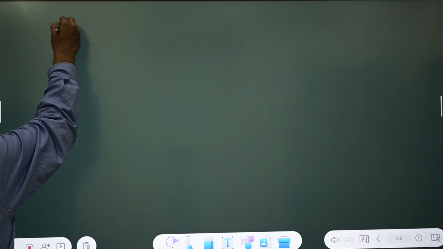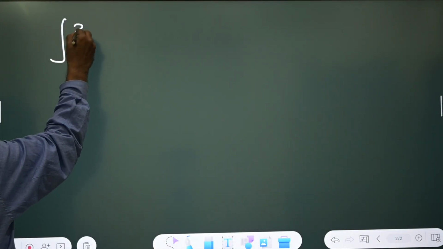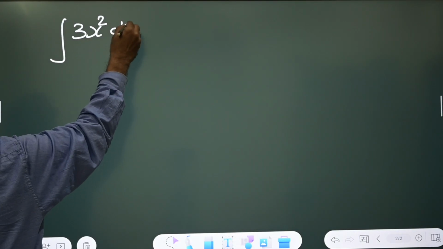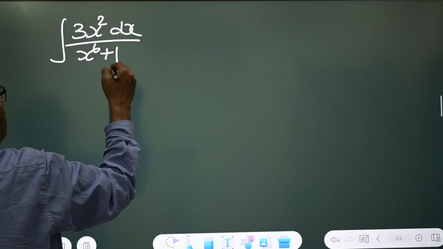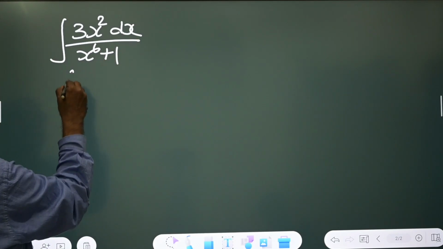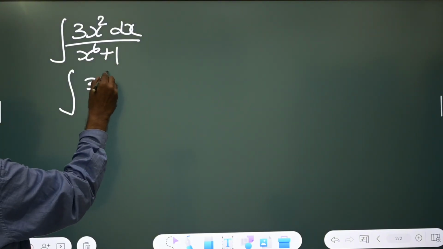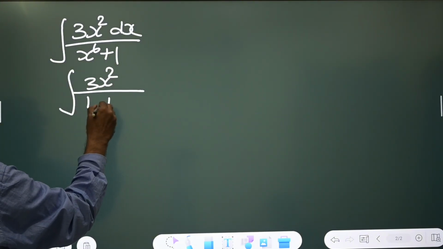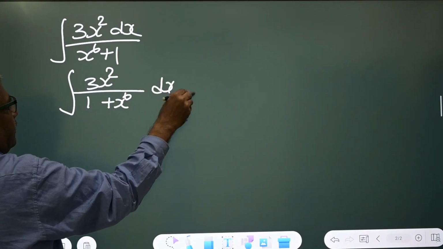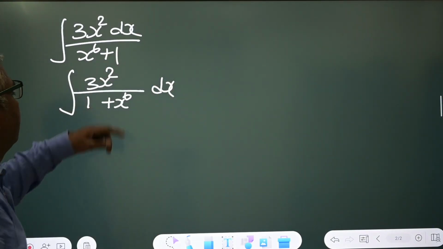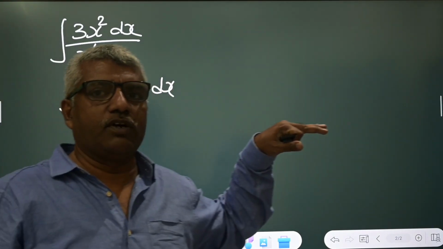Integration of 3x squared dx divided by x power 6 plus 1. This I am writing as 3x squared divided by 1 plus x power 6 dx, because we have it with 1 by a squared plus x squared.